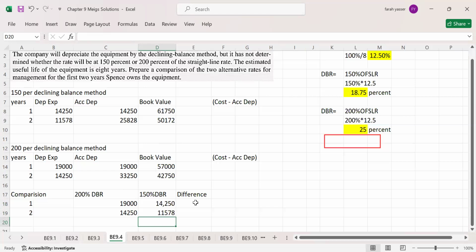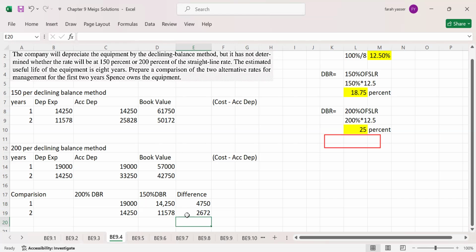So when we deduct, like 19,000 minus 14,250, and then 14,250 minus 11,578. The difference in year one, when we use the 200% declining balance method, is that the depreciation expense is $4,750 higher as compared to the 150% declining balance method.